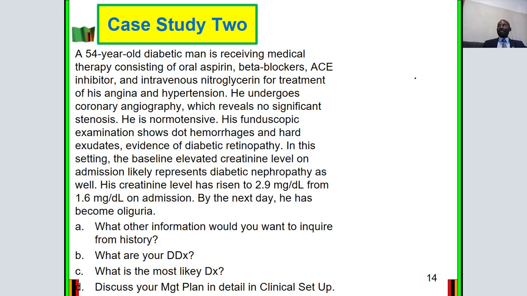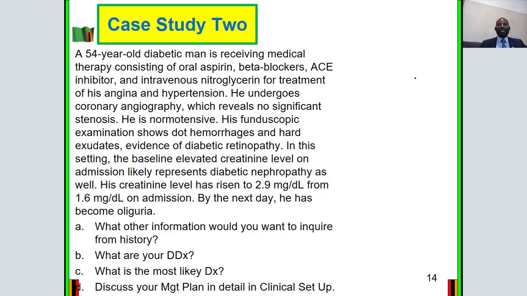Okay, case study 2. A 54-year-old diabetic man is receiving medical therapy consisting of oral aspirin, beta blockers, ACE inhibitor, and intravenous nitroglycerin for treatment of his angina and hypertension. He undergoes coronary angiography, which reveals no significant stenosis. He is normotensive. His fundoscopic examination shows dot hemorrhages and hard exudates, evidence of diabetic retinopathy.